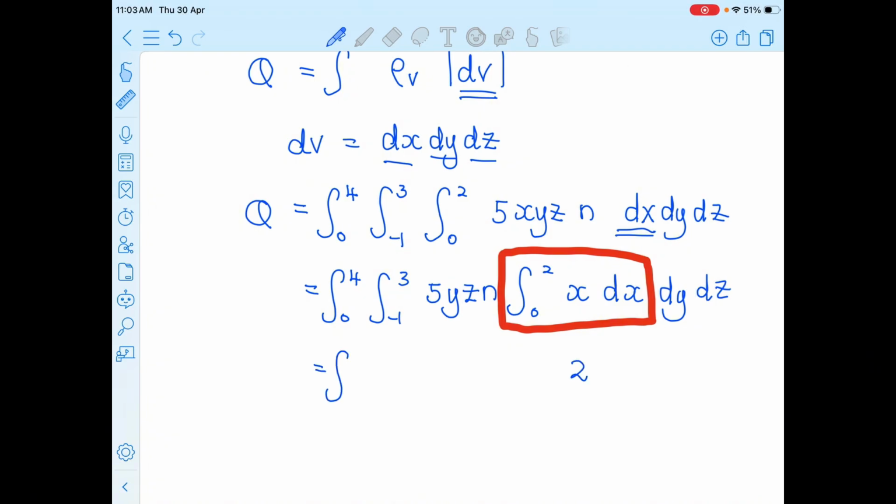We will continue with the remaining integration with respect to y, and it's nano.